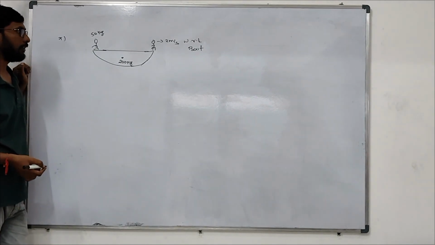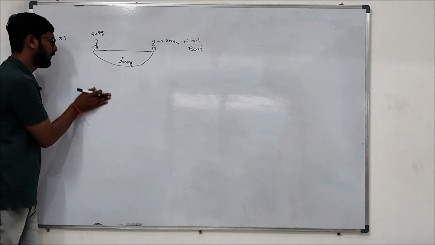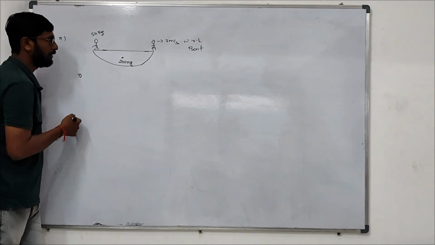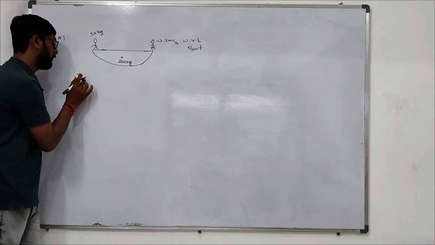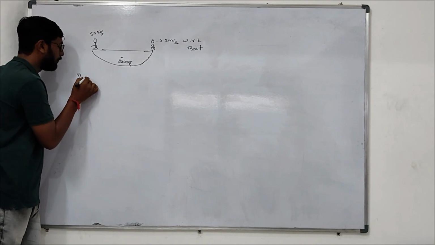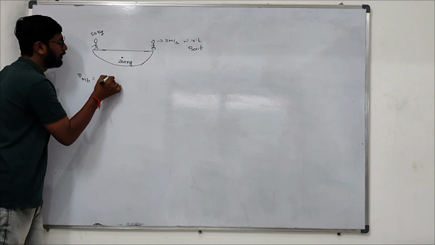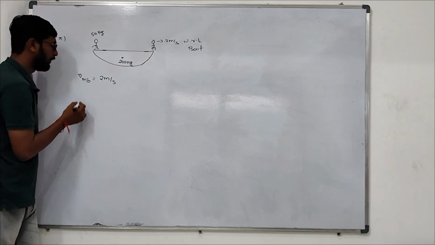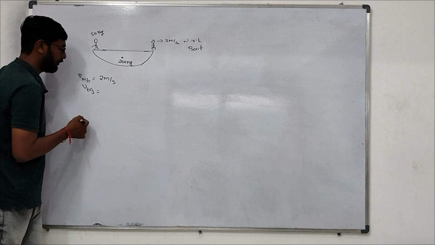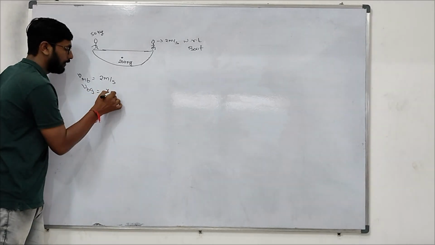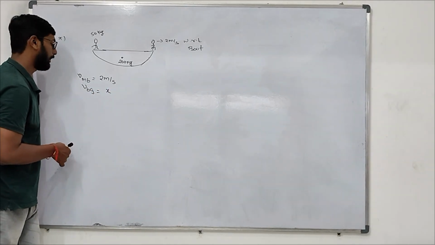Okay. Now you see, the velocity of the person, the man, with respect to the boat is 2 meters per second. Hence the velocity of the boat with respect to the ground is x. Right?